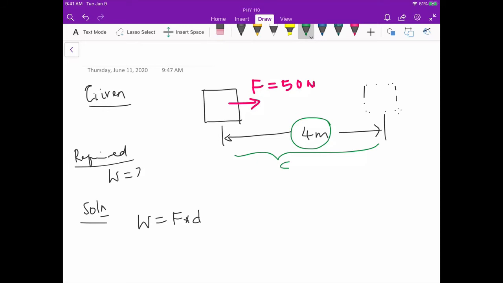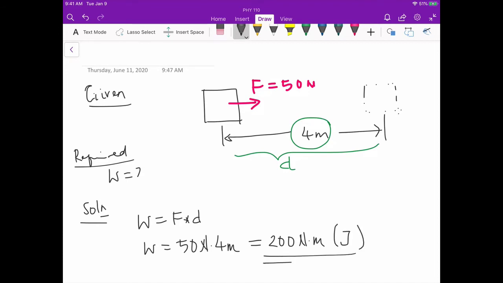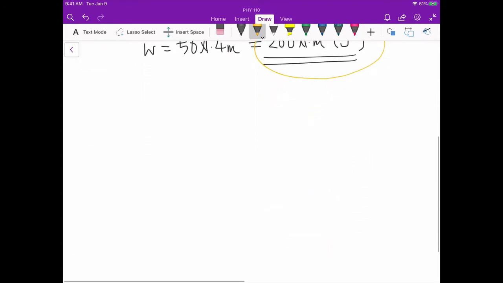That's what your D is. So your work done is going to be your force, which is 50 Newton, multiplied by 4 meters. Then that will be 200 Newton meter. But that Newton meter has a special name known as Joule. We already mentioned that. Simple. Now let's go ahead and look at part B.